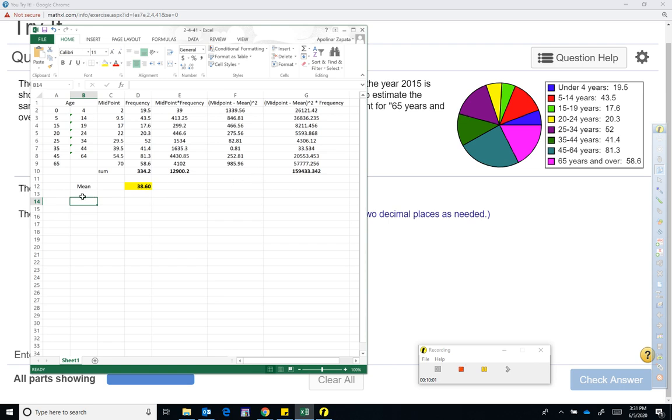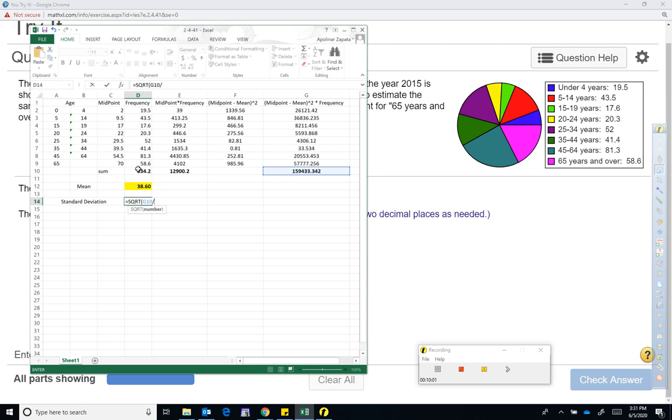So then let me enter here the standard deviation is going to be equal to, okay, it's going to be the square root. So enter the formula to calculate the square root of this number divided by the sum of the frequencies minus 1.